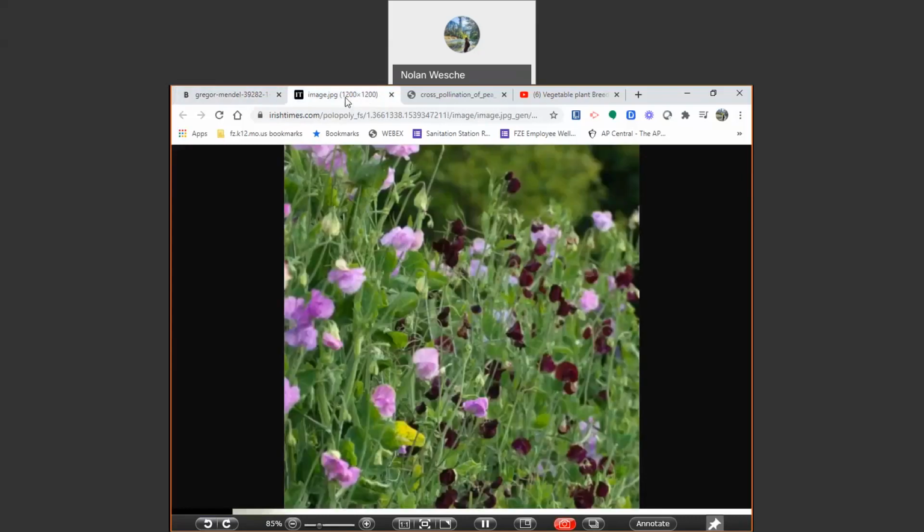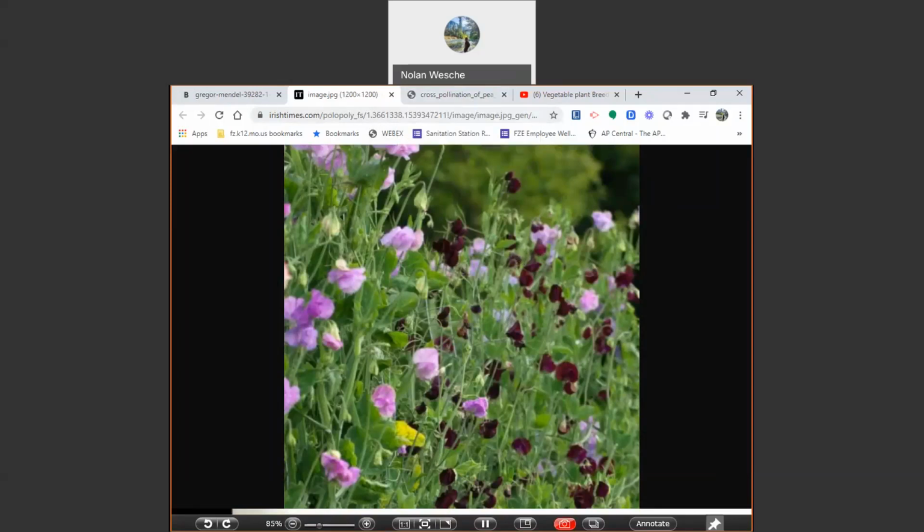Pea plants have a lot of observable characteristics like flower color, height, seed shape or pea shape, round versus wrinkled, pod shape, constricted versus smooth, tall versus short, axial versus terminal flower position. So there were lots of different variations on this plant that were easily observed, a very short generation time, meaning he could grow them in a really short window, and they were just easy to work with. They grew well in Austria, in the area of Europe that he lived in. So that's what he was utilizing.